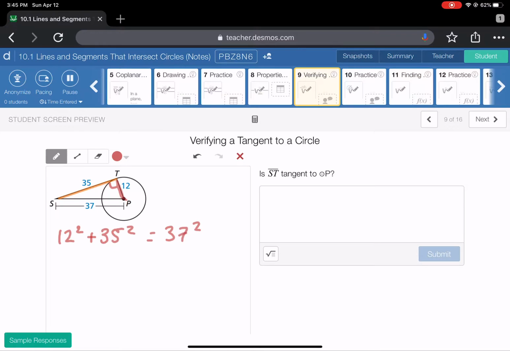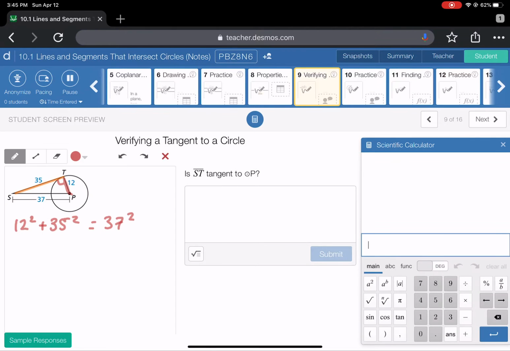In order for this to be a right triangle, this on the left side has to be the same as 37 squared. So that's what we're going to go ahead and do. We know that 12 squared is 144, plus 35 squared is 1225, and 37 squared is equal to 1369.